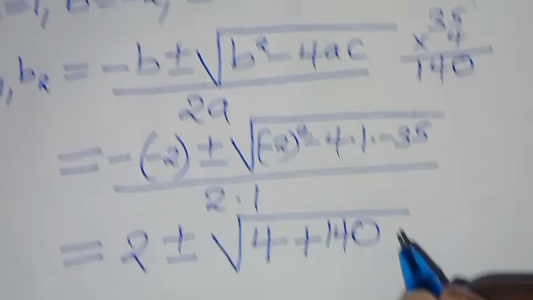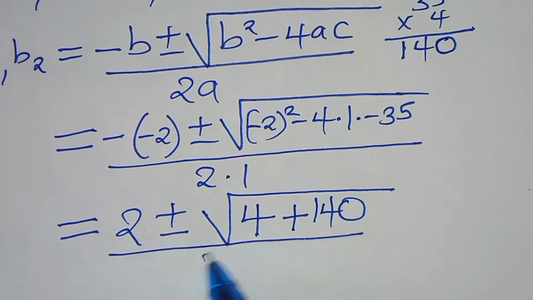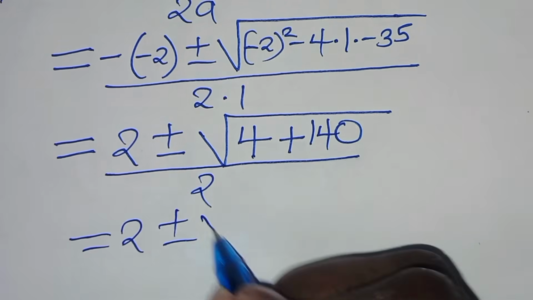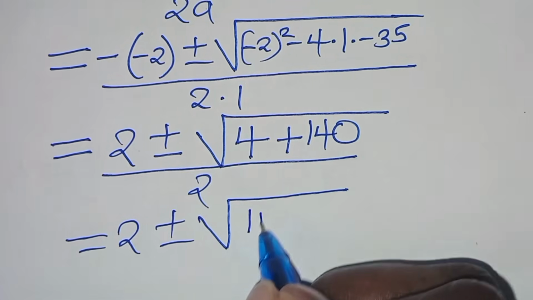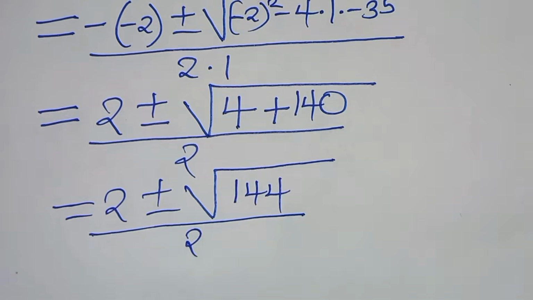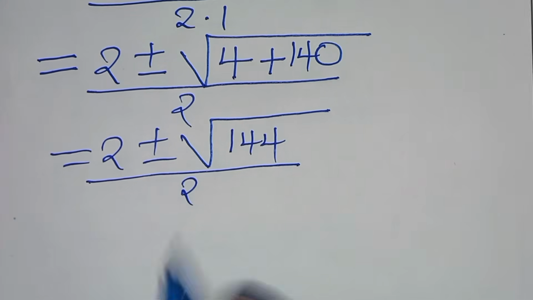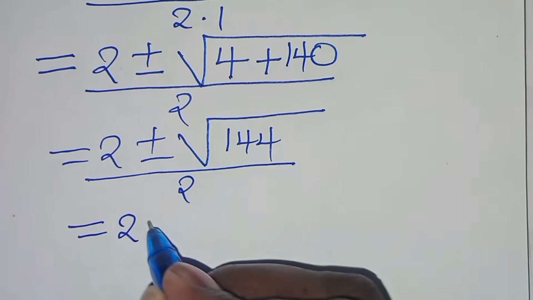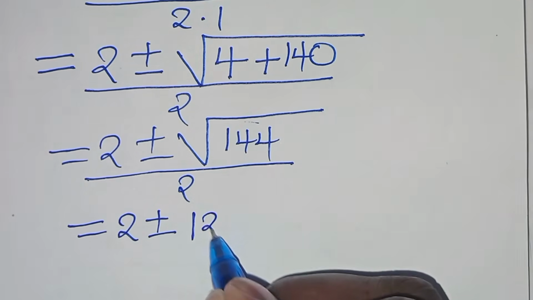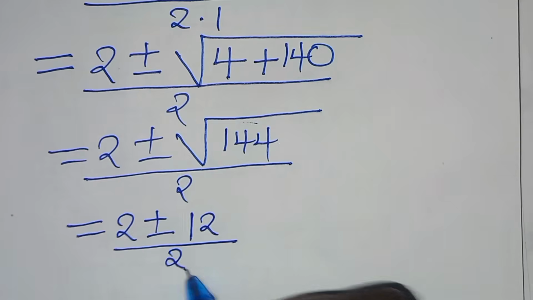So we have 140 here, everything divided by 2. So now we have 2 plus or minus the square root of 144, everything divided by 2. The square root of 144 is equal to 12, everything divided by 2.